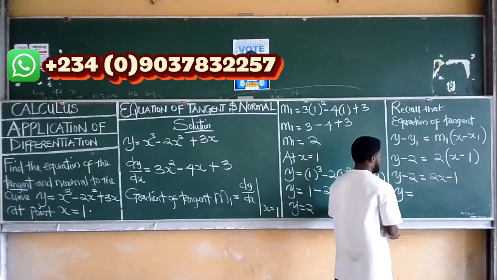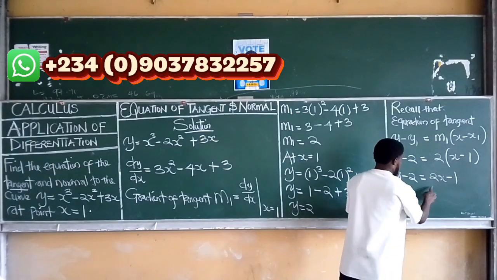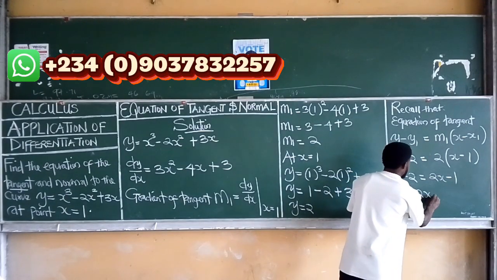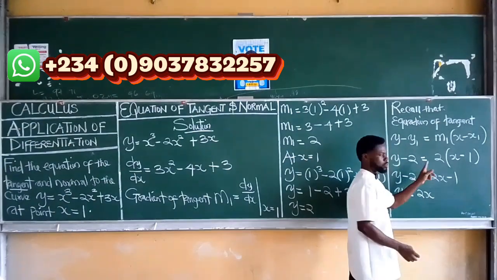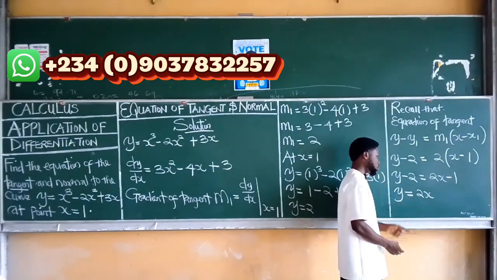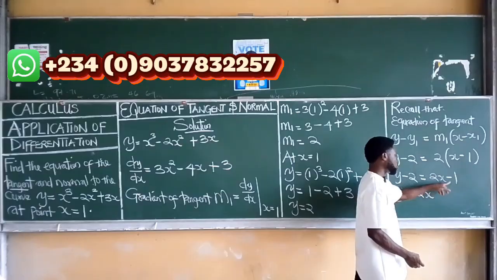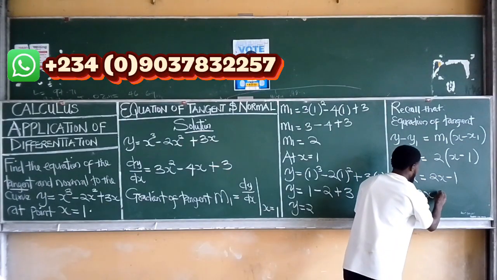y is equal to 2x. When this minus 2 crosses over, it becomes plus 2. And plus 2 minus 1 is equal to 1.